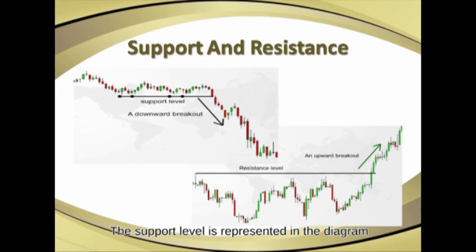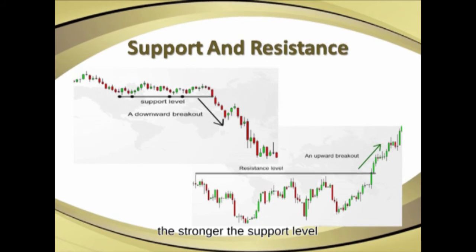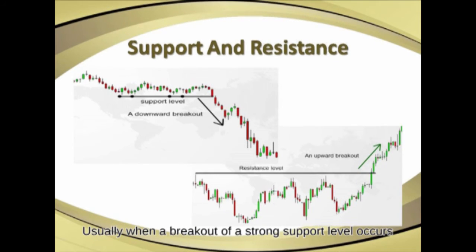The support level is represented in the diagram by a horizontal or near horizontal line that connects several troughs. The more troughs on the same price level, the stronger the support level. Usually when a breakout of a strong support level occurs, a trend reversal can be expected. Therefore, the prices will continue to move in the direction of the new trend.